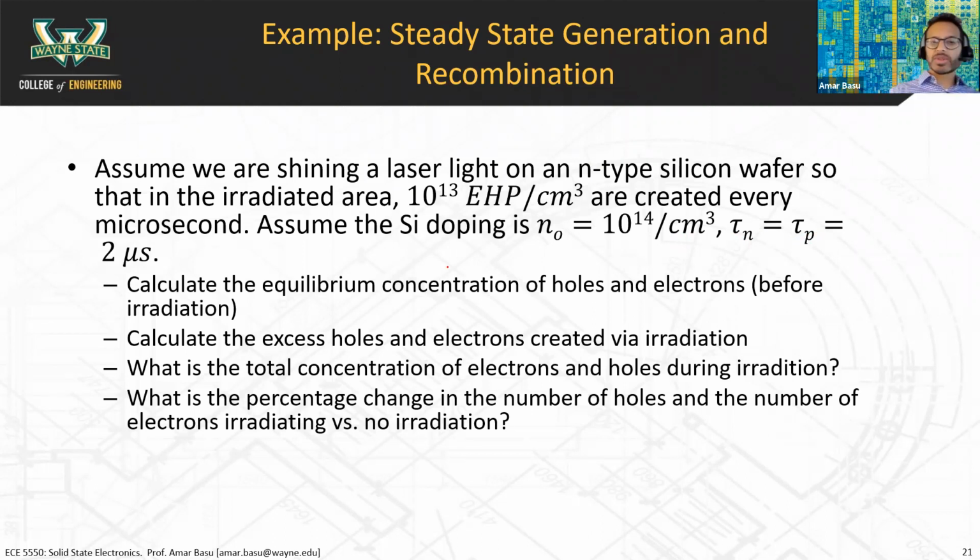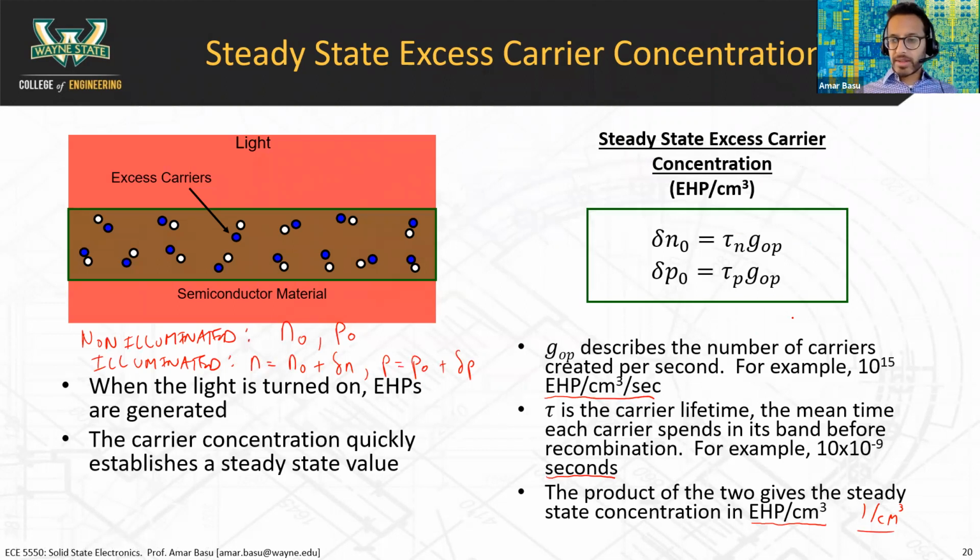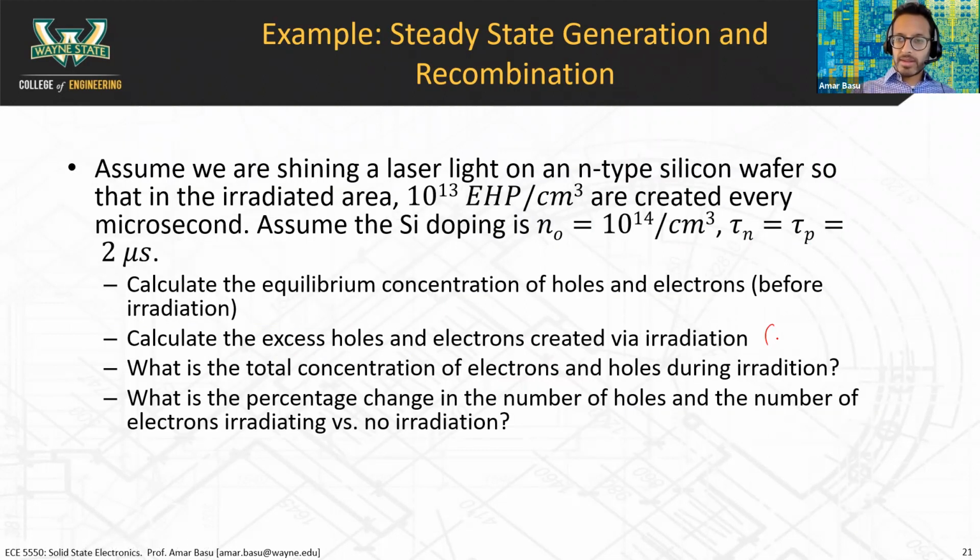So what I'd like you to do is calculate the equilibrium concentration of electrons and holes. Equilibrium means before we shine light on the material. Then I want you to calculate the excess electron and hole concentration created after irradiation, so asking you to calculate sigma n and sigma p. And then I'm going to ask you to calculate the total concentration.